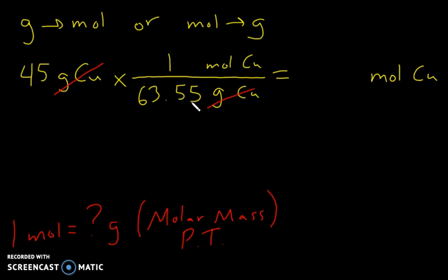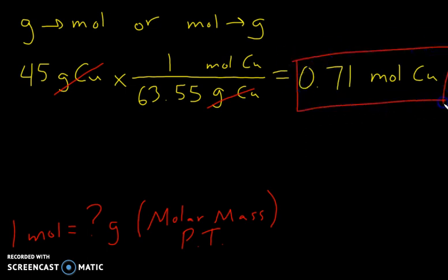We divide by the bottom, so we do 45 divided by 63.55, and we should get that we have 0.71 moles of copper. And that is our final answer, making sure that you specify moles of copper in your answer.